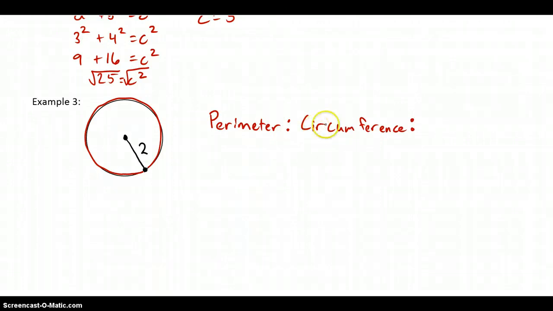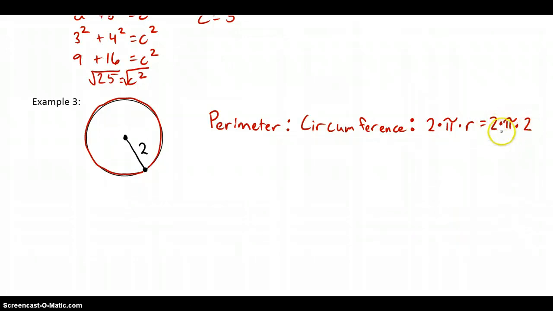Circumference is the way to measure perimeter in a circle. To find the circumference of a circle, I'm going to take 2 times pi times the radius. So I'm going to take 2 times pi times 2.